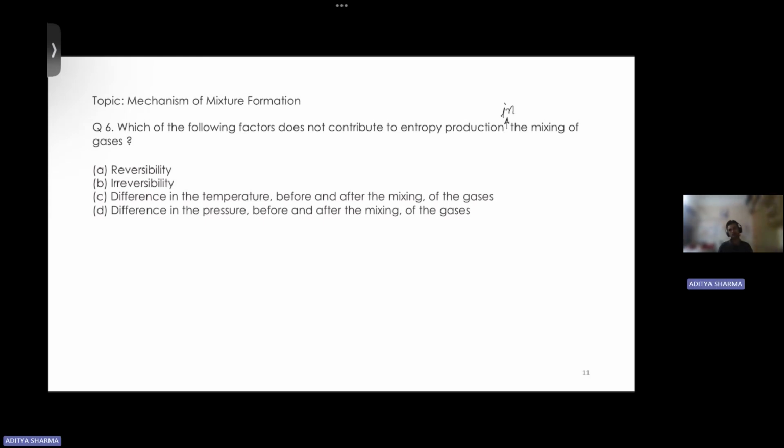We have discussed that entropy production is because of irreversibility only.